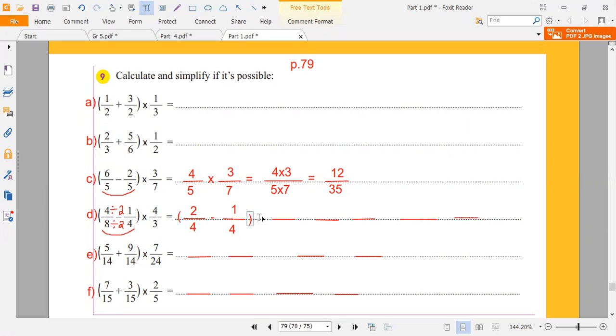And we have out times 4/3. We write the other like they are, but we change this fraction only.